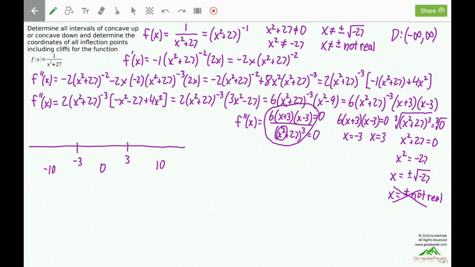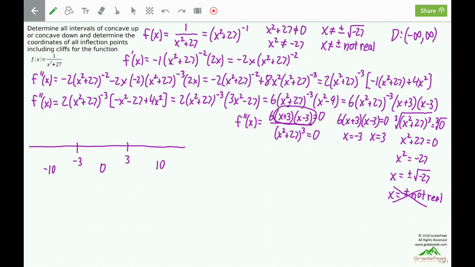And then adding that result to 27 will guarantee that it's positive, and then positive raised to a 3 power will be positive. So the entire denominator is positive. Also, the 6 in the numerator is also positive. And therefore, those do not affect the sign of the second derivative, and it will be determined whether it is positive or negative solely by the x plus 3 and the x minus 3.